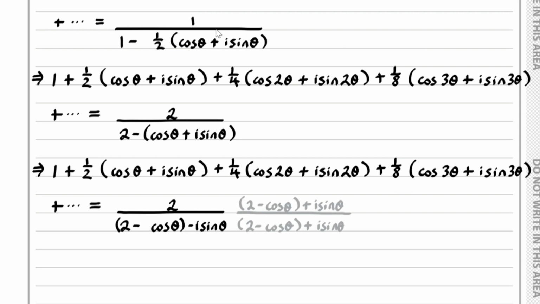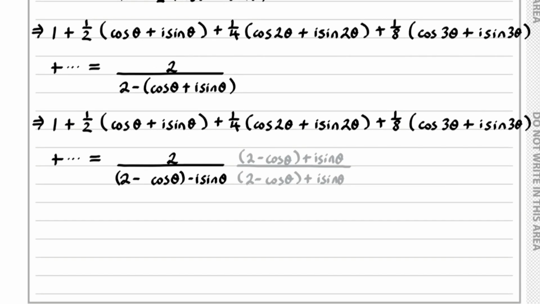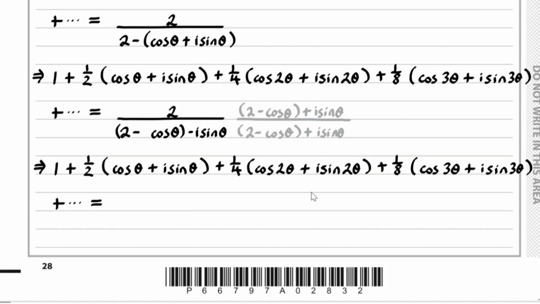So if we continue to work all of this out, what you'll find is the left hand side is still the same, but on the right hand side, we've got 2 times 2, which is 4, and then we've got 2 times minus cos theta, that's minus 2 cos theta, and then we add on 2 lots of i sin theta.